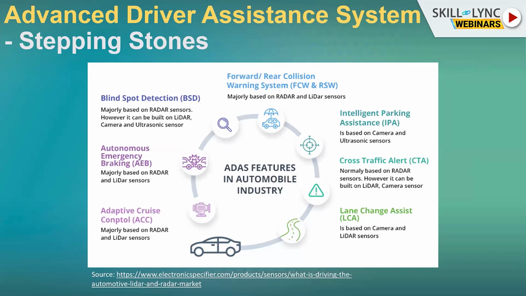So I hope you have at least some sort of an idea about what the different driver assistance features are. And what we can actually do is take some of these combinations and build up a more complicated feature of level 3 or level 4. Let's say, for example, the traffic jam copilot.